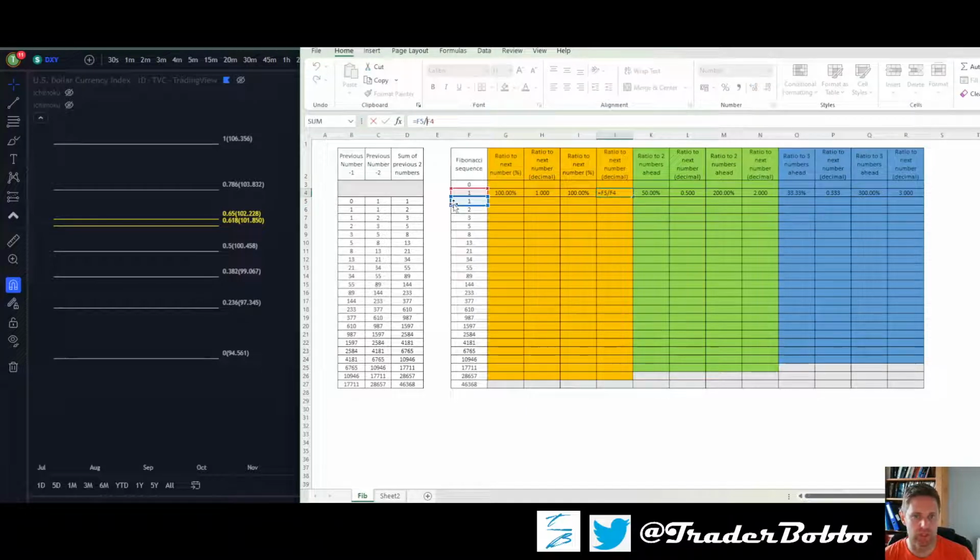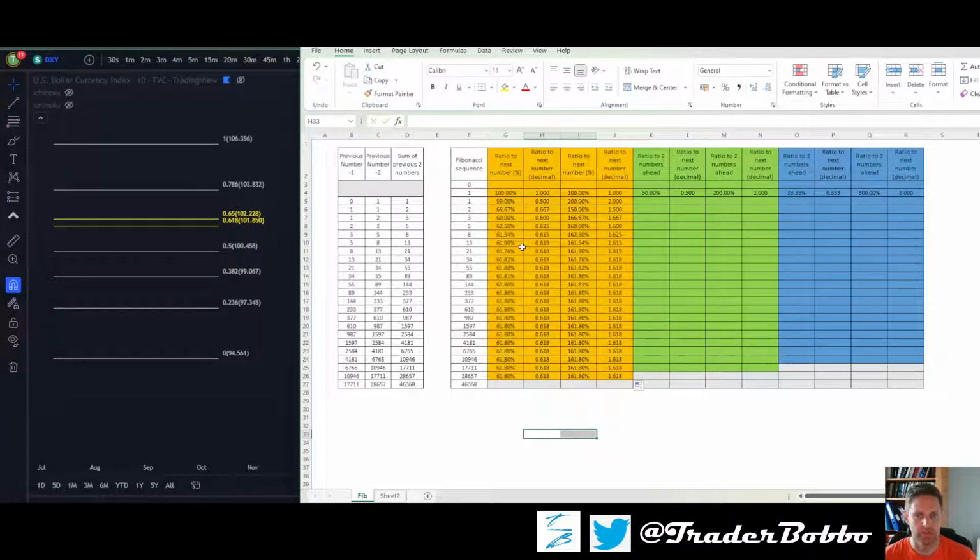And this is also the other way around, dividing the next number by the current number. So if I just populate the spreadsheet, make it easy. After about the 10th number, he found 55 divided by 34 is 1.618, or the inverse, 34 divided by 55, 0.618, which you see here.